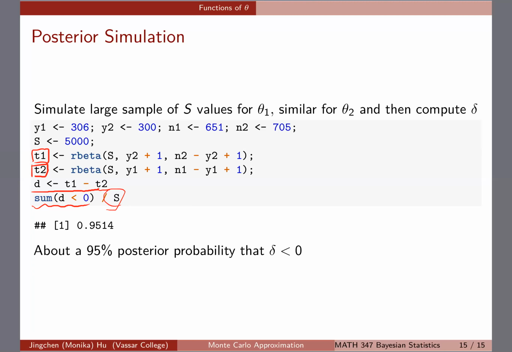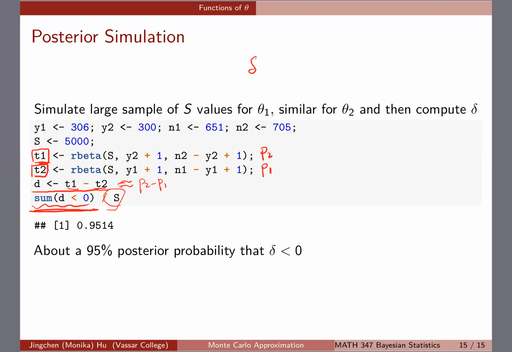Oh, no, I think maybe I got it reversed a little bit. Sorry, so T1 is for P2, I think, based on the definition I have over here. And T2 is about P1. So T1 minus T2 is trying to approximate P2 minus P1, so this is summarizing that delta.